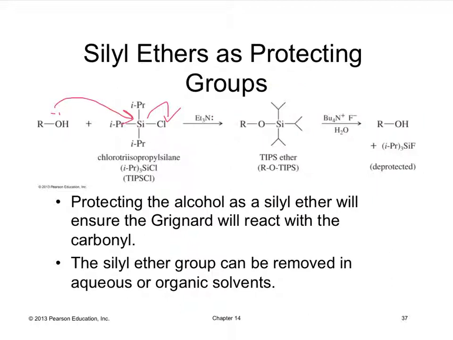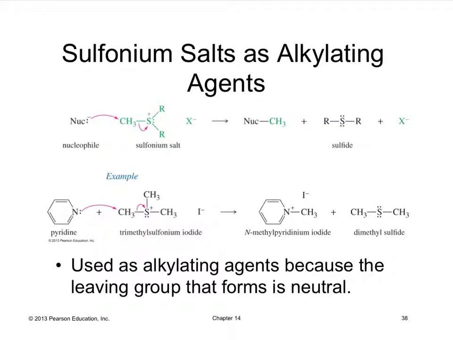This can be deprotected with tetrabutylammonium fluoride, shown here, and so the fluorine will kick this off to regenerate the alcohol. So you can then protect the alcohol as a silyl-ether, so that will ensure the Grignard will react with the carbonyl group in the previous case, and then you can remove that silyl-ether group in aqueous organic solvent.